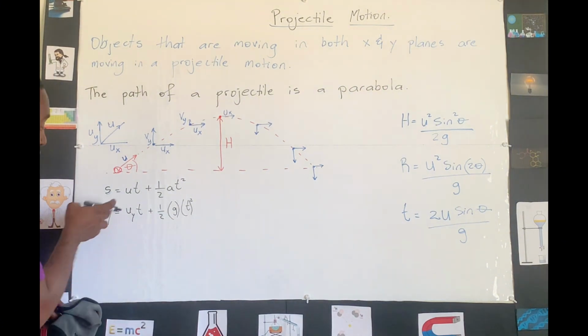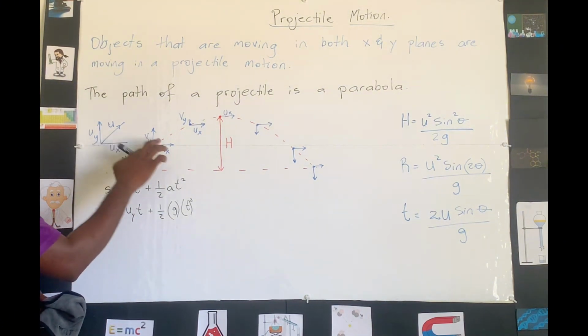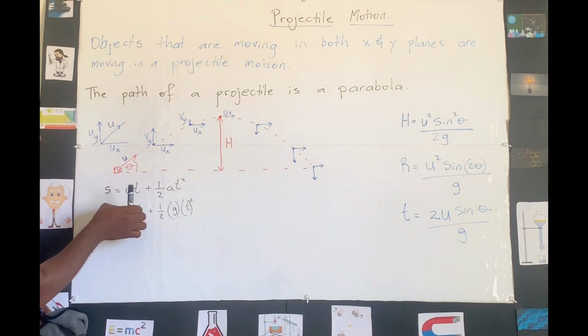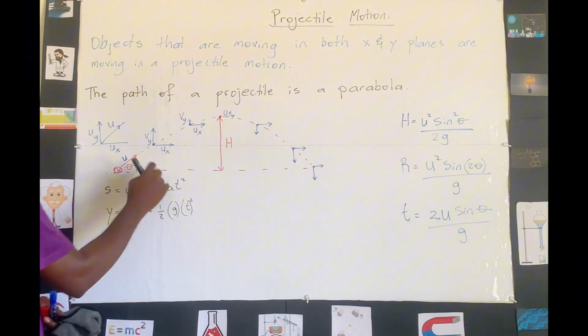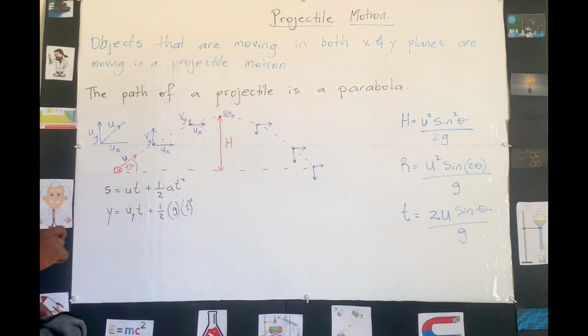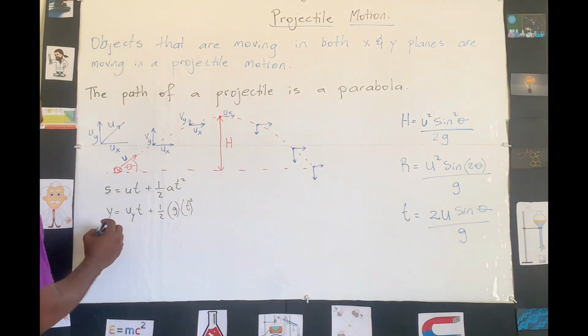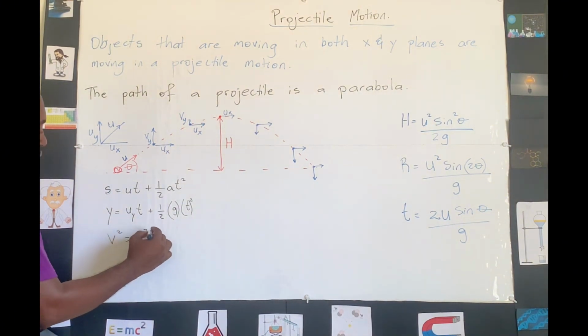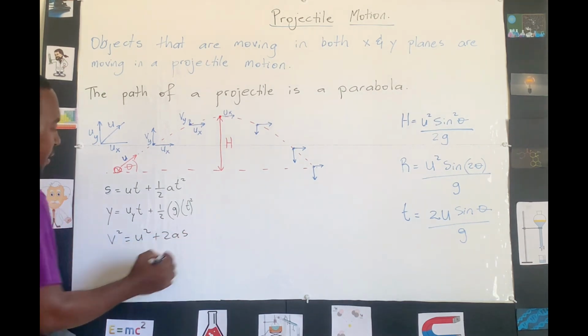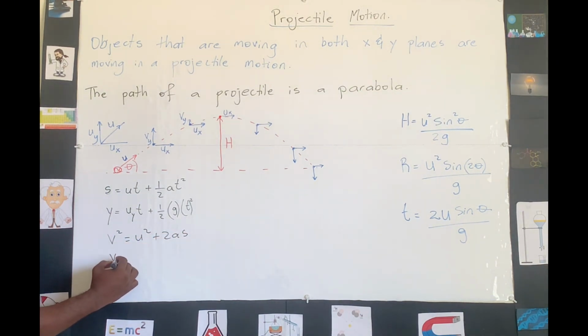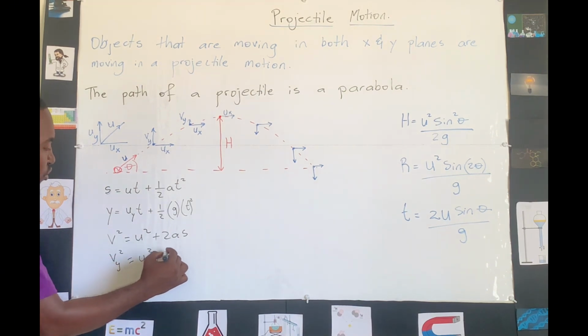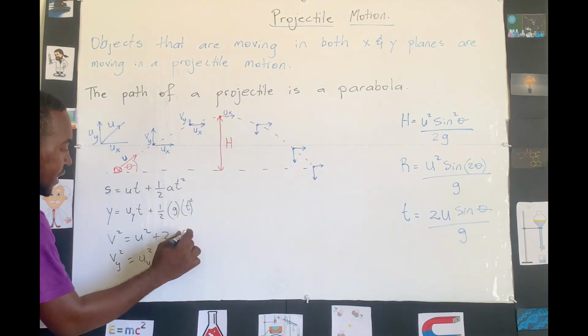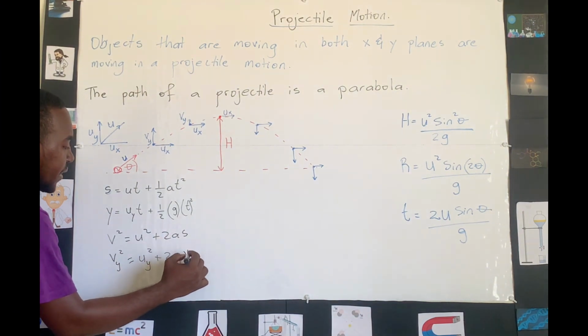Now we notice that it's no longer u, which is the initial, but it's the u in the y plane, and it's the time it would take to reach this point. Or we could use another equation, which is v squared equals u squared plus 2as. And again, we replace, this is vy squared equals uy squared plus 2 times g times s, in this case would be y.